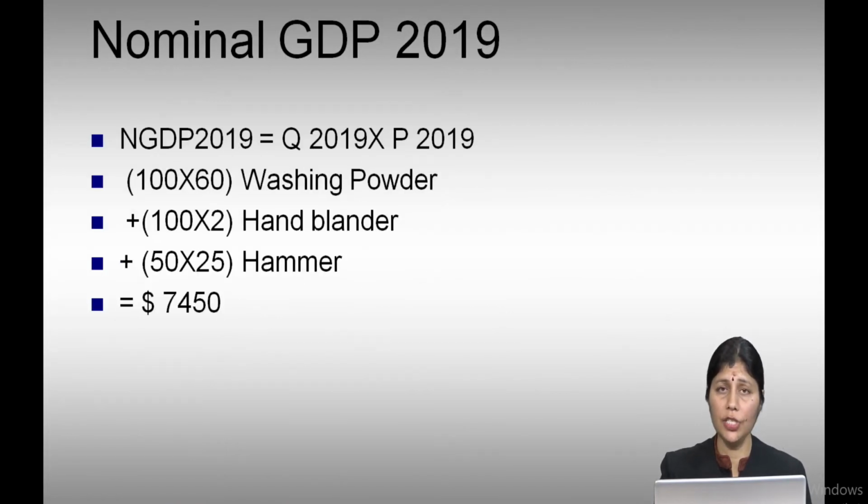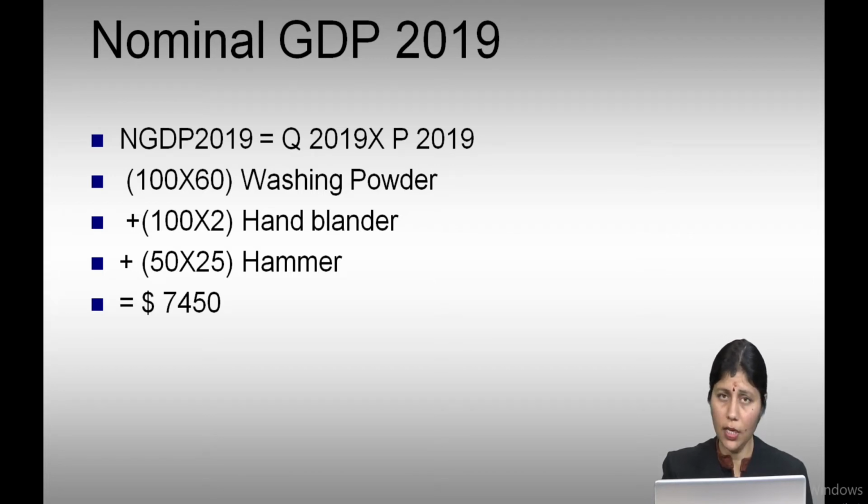This is nominal GDP 2019, where we have made the calculation: 100 multiplied by 60 for washing powder, plus 100 multiplied by 2 for the hand blender, plus 50 multiplied by 25 for the hammer. So 100 is the quantity and 60 is the price for washing powder. Again 100 is the quantity and 2 is the price for the hand blender.